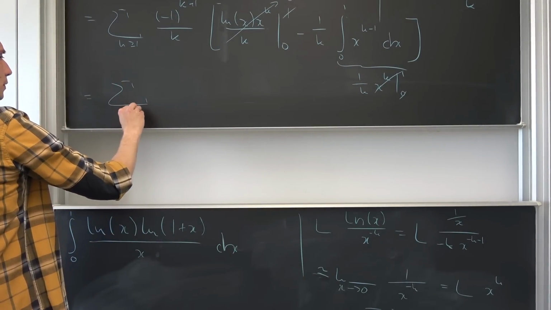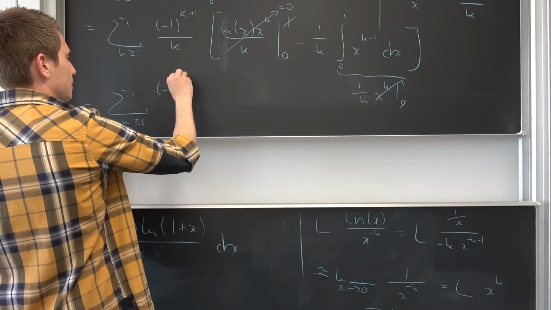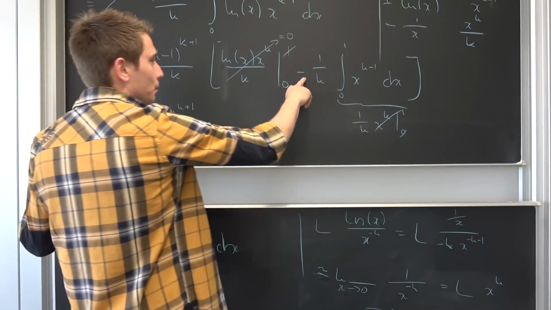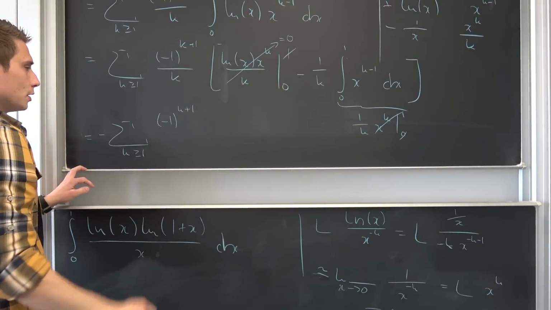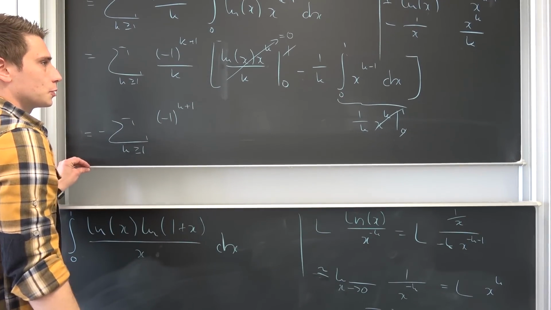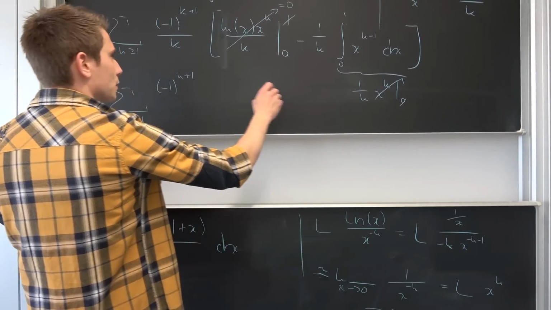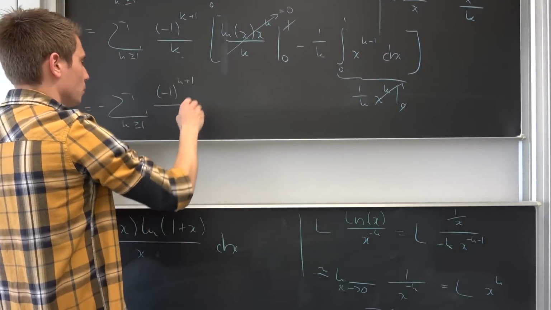This whole thing is going to vanish in the limit, meaning this is going to give us overall the sum running from 1 to infinity of negative 1 to the k plus 1th power. But we have this negative sign right here, so I'm going to bring it to the front, and then we are going to have over k to the third power overall.